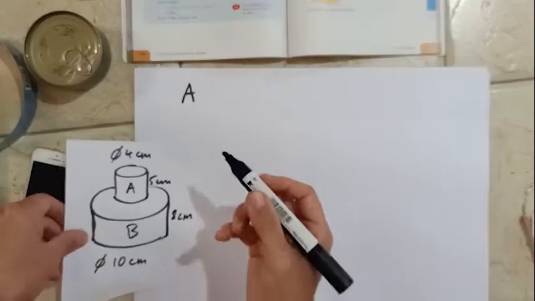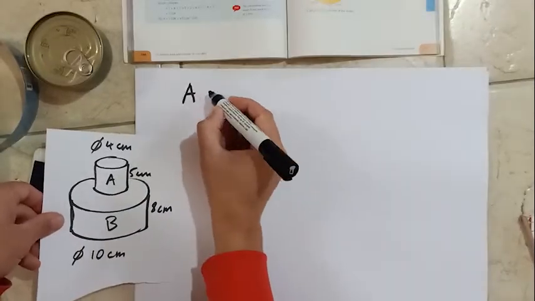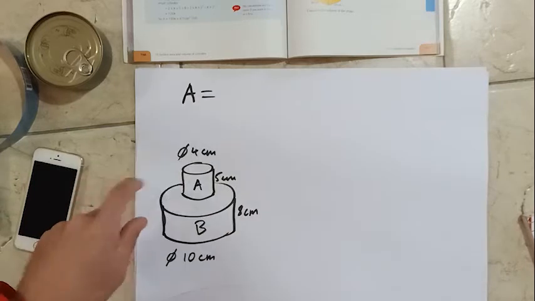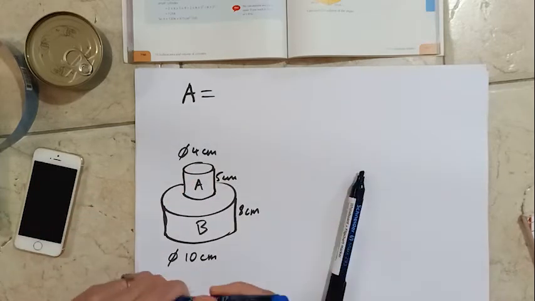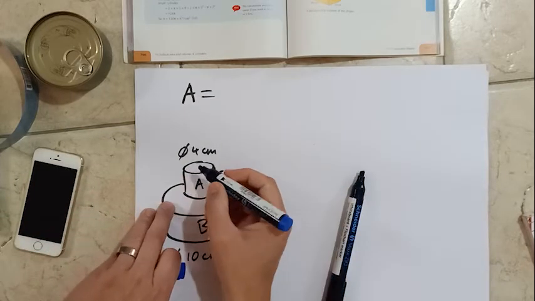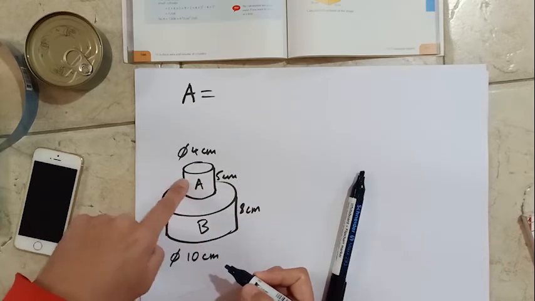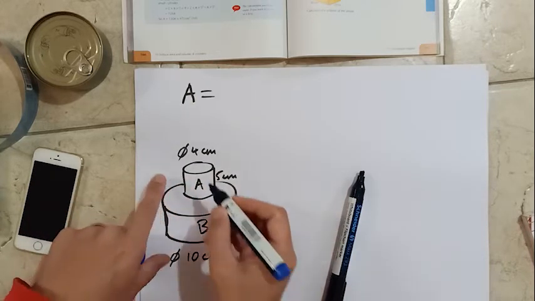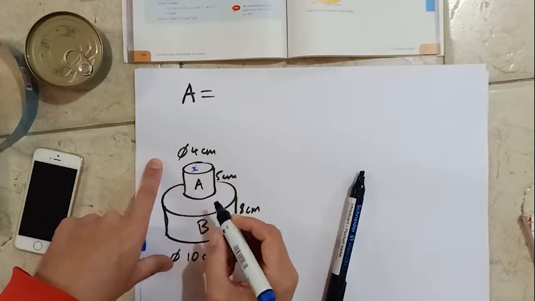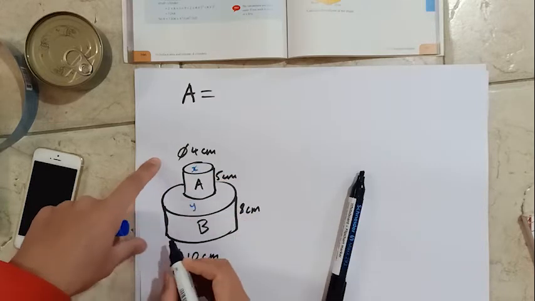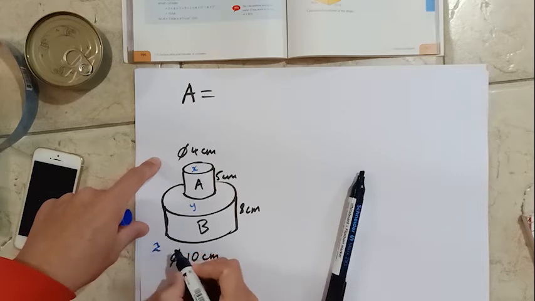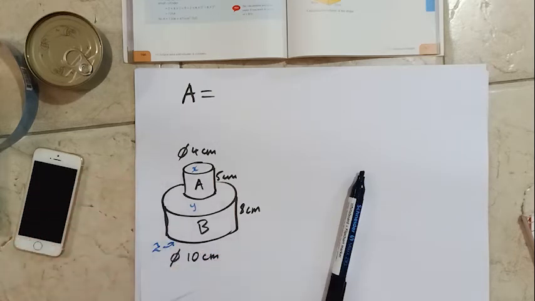So the area is, we've got this circle here. Let's call this curved surface A, and that curved surface B. And let's have some other letters: X, Y, and Z is that bottom surface.